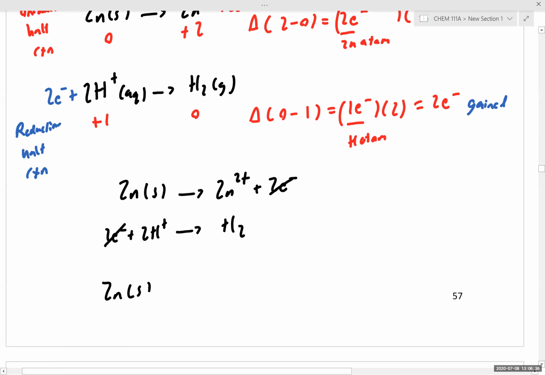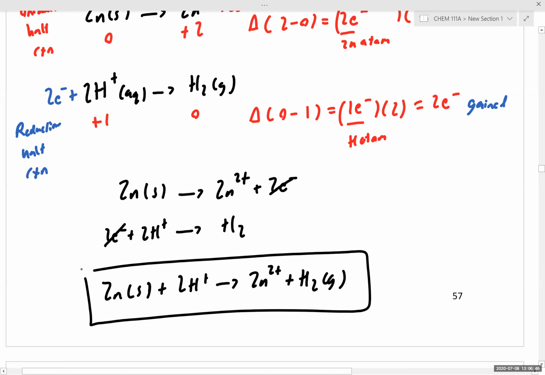So they cancel, giving us zinc solid plus 2H plus leads to zinc 2 plus H2 gas. And this is our complete balanced equation. And you may notice that when you try balancing and combining half reactions, you end up with the net ionic equation in most cases.